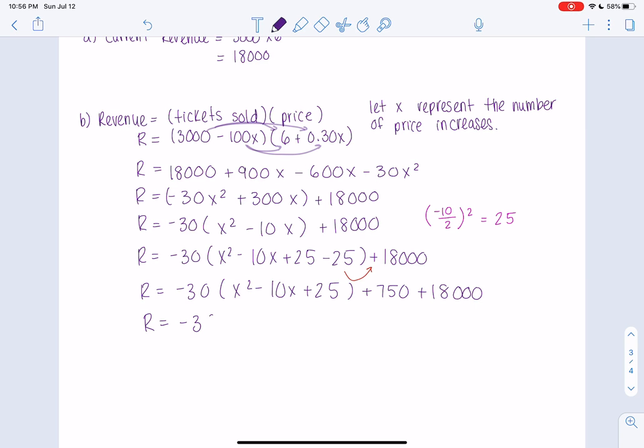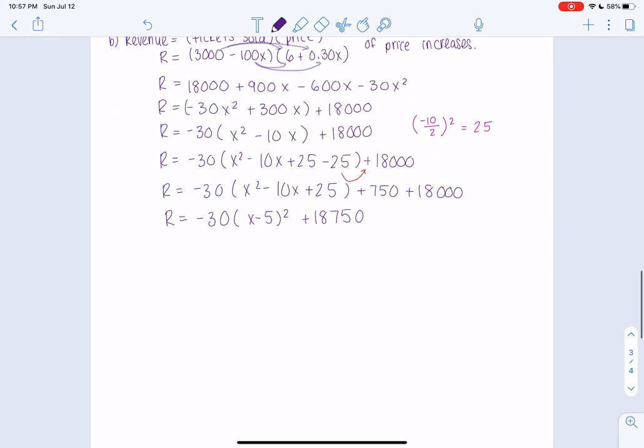Now we can factor the stuff in the brackets and collect like terms at the end, like this. So now if we look at our vertex, it is at 5, 18,750. So this here is our max revenue. And this here is the number of price increases that makes our max revenue. So that means 5 price increases.